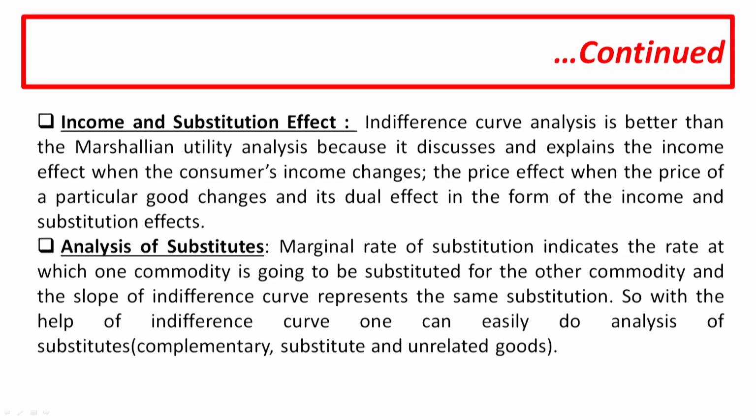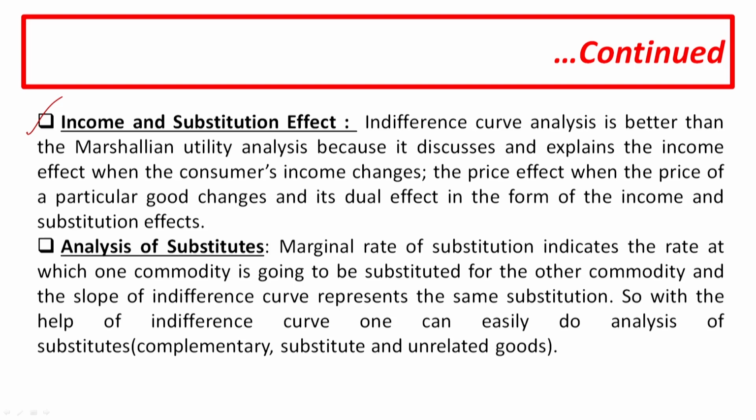Income and substitution effect. The biggest drawback of cardinal utility analysis is that it only considered one utility at a time and did not consider the income and the substitution effect. But indifference curve actually considers the impact of income and the substitution effect.